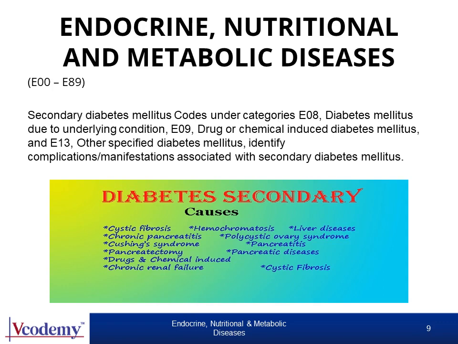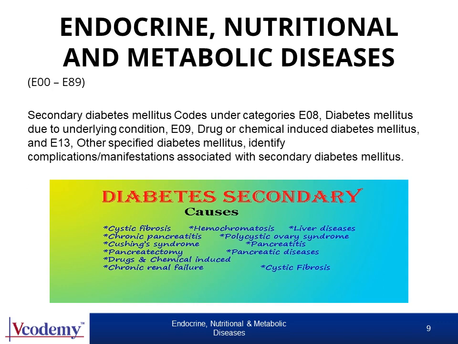So this picture gives you the list of the underlying conditions: cystic fibrosis, hemochromatosis, liver diseases, chronic pancreatitis, polycystic syndrome, Cushing's syndrome, pancreatitis, pancreatectomy, pancreatic diseases, drugs and chemical induced, chronic renal failure, cystic fibrosis.